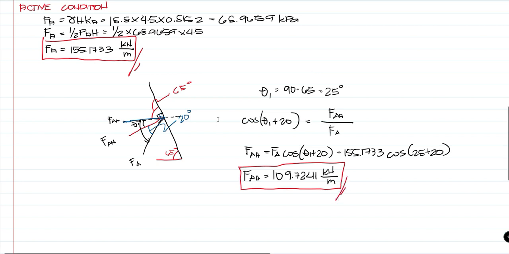Now we proceed to the passive condition. So this will be now for the passive condition. So for our passive condition, syempre unahin muna natin kunin yung pressure or the passive earth pressure.